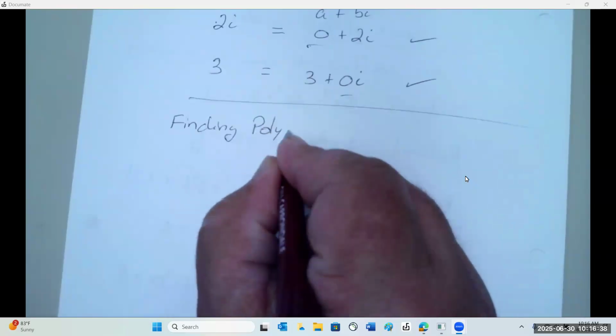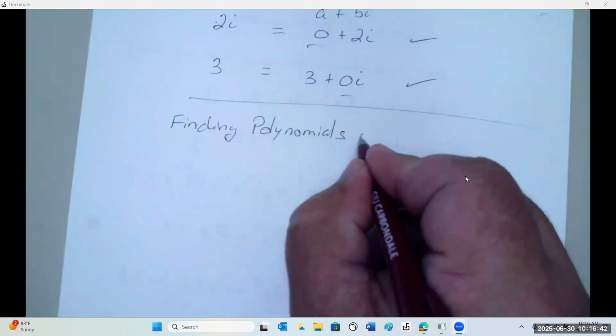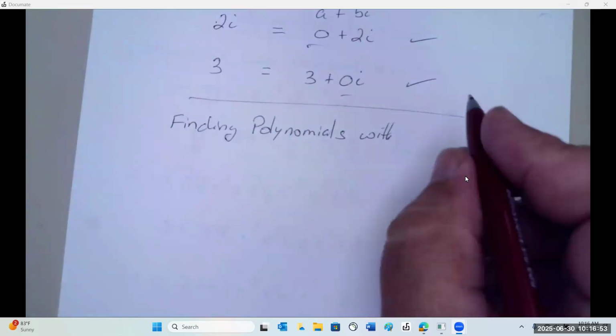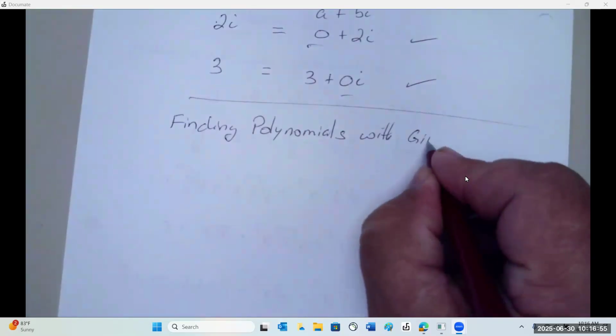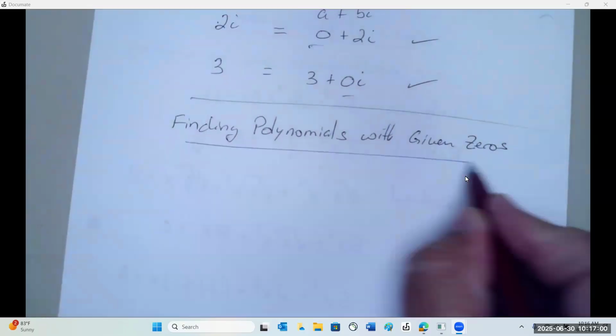So here is the next big part: finding polynomials. This chapter, I'm gonna give you large polynomials and you're gonna tell me all the intercepts. We're gonna start off with basics first. Let's work backwards.